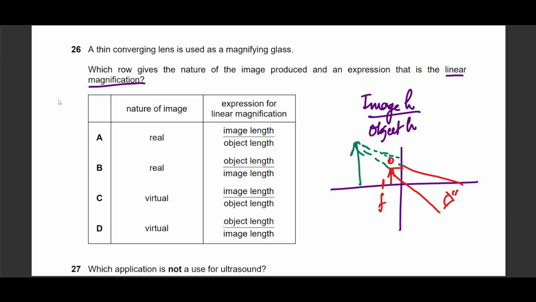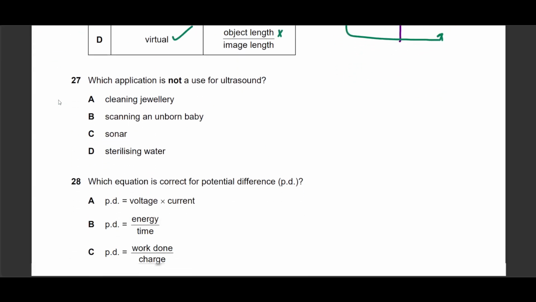Wherever they meet, that is the image observed by the person. This is how the magnifying glass works. So this image is virtual, not real. For a real image, it has to be on the opposite side of the lens. So it's virtual, and it's the image length, not the object length. So option C would be the right answer for 26.